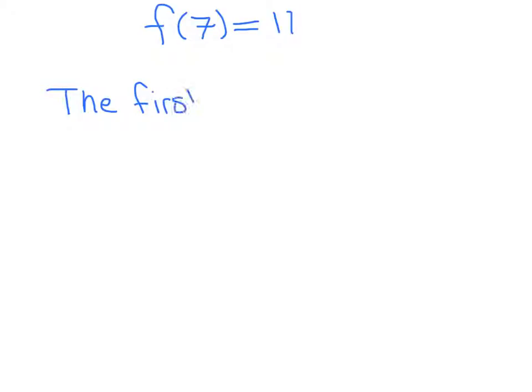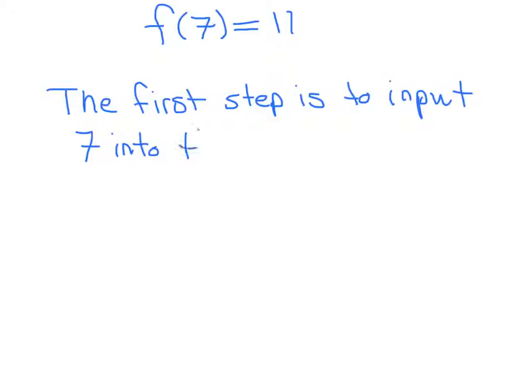On the right-hand side, we have a big empty box. What we're going to do in this box is write the words that help us to evaluate the function. So we're going to say in words what we just did. Up here I'm going to remind us that we put 7 into the function and the output was 11. So in words, the first step is to input 7 into the function.